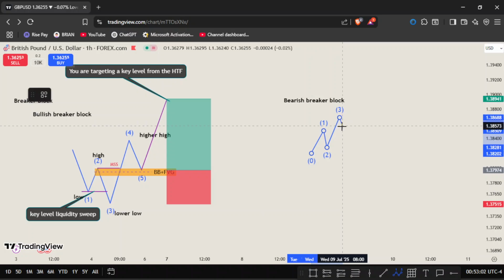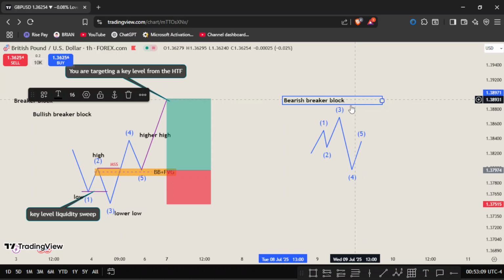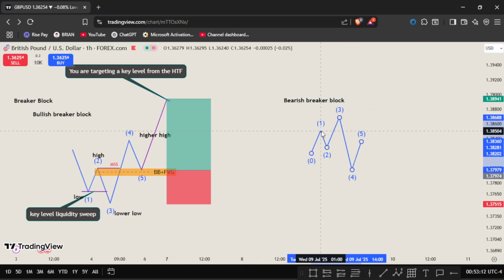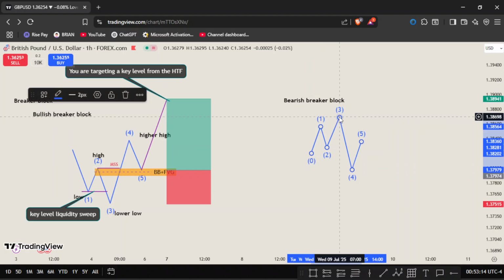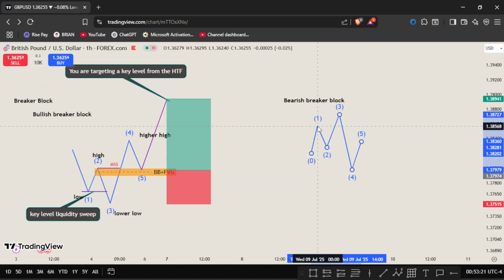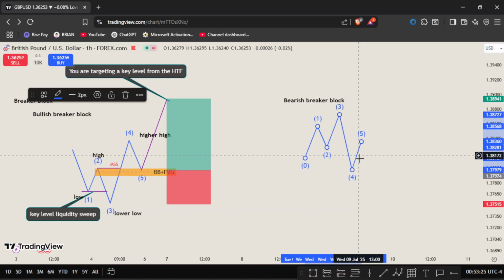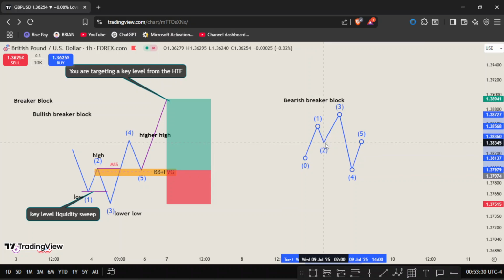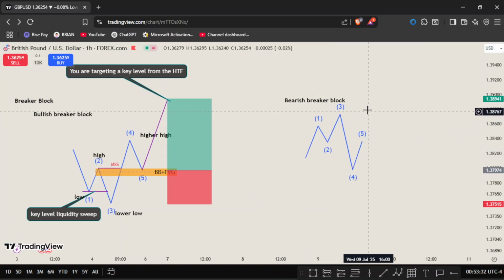After another high, we form a new lower low, then a tap into the breaker. Yeah, something like that, I believe.